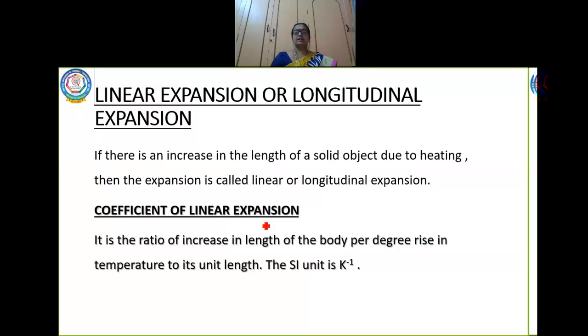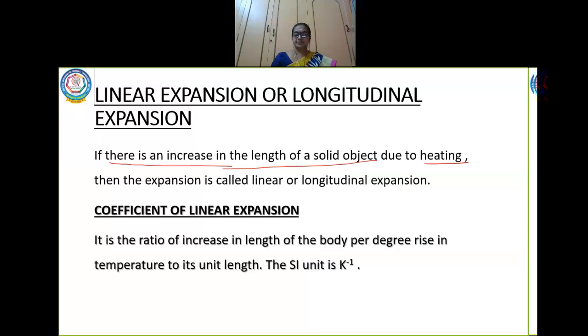Linear or longitudinal. So look at the definition, children. If there is an increase in the length of a solid object due to heating. So when you heat a body, suppose let us take a pen, if the substance is given heat energy and the length of the substance is increasing, then the expansion is called linear or longitudinal expansion.